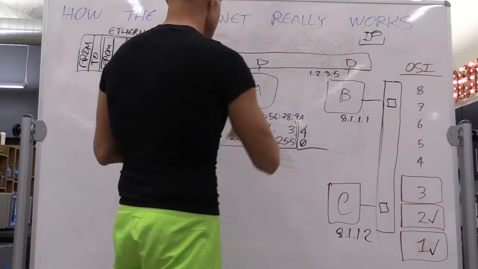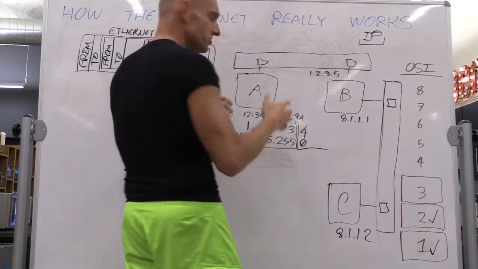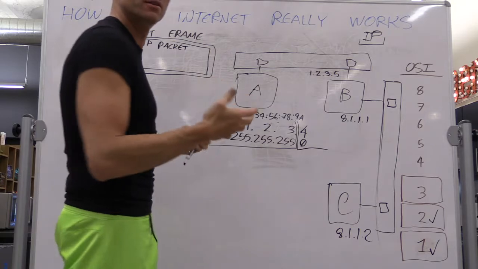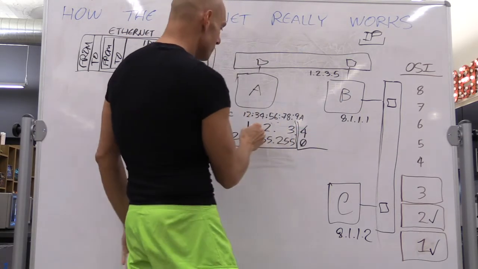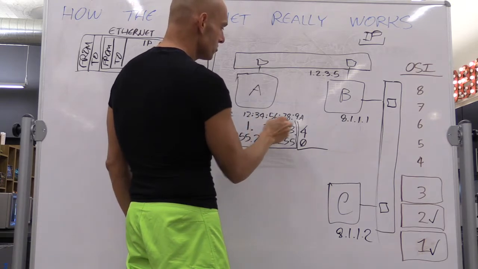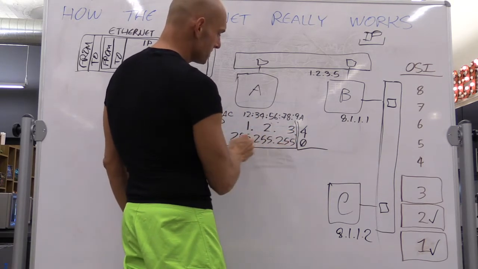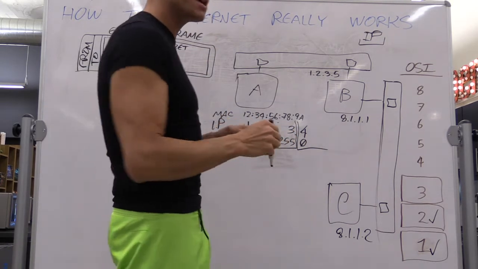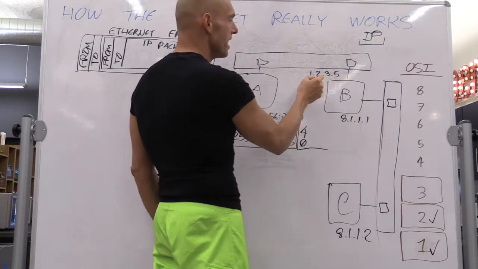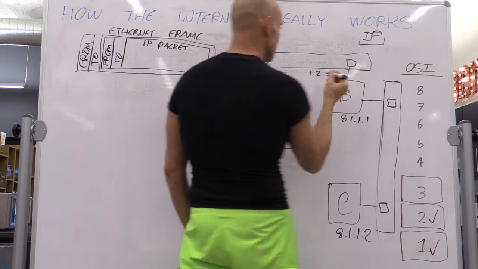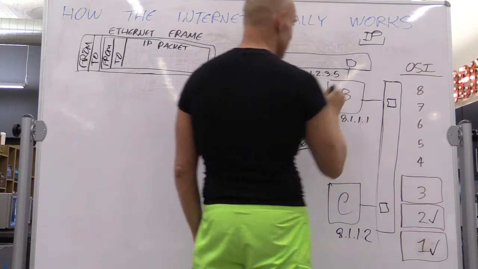What does that mean? It means that within a given network segment, which is just an arbitrary construct, it has nothing to do with electrical connections, all machines that begin with 1, 2, 3, and have this same subnet mask are considered to be in the same subnet, and they can directly talk to each other. Which is why I gave this machine an IP of 1, 2, 3, 5, because it has the same subnet mask.